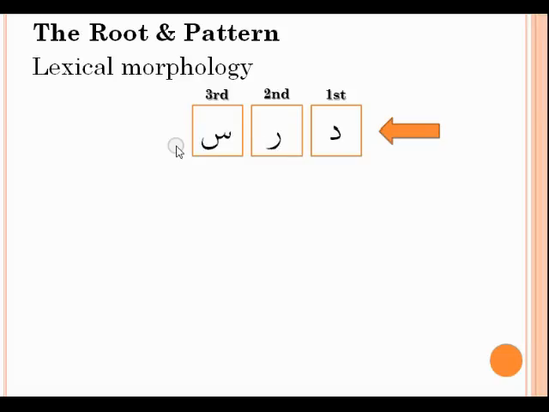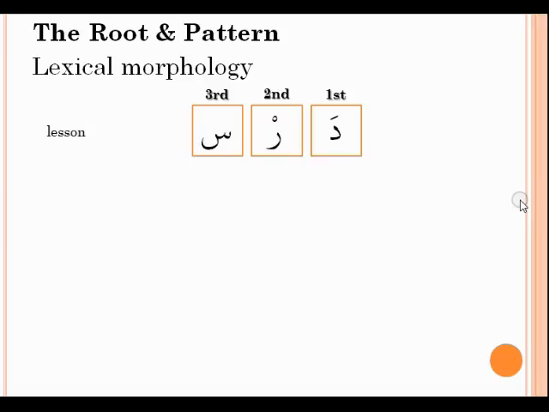So from the root darasa meaning to study, we'll just change the signs on these letters to make it dars, becoming a lesson. A lesson is the subject to study or to learn from. Notice the sukoon in the middle of the root. When you see a sukoon on the middle letter, this directly indicates a noun.